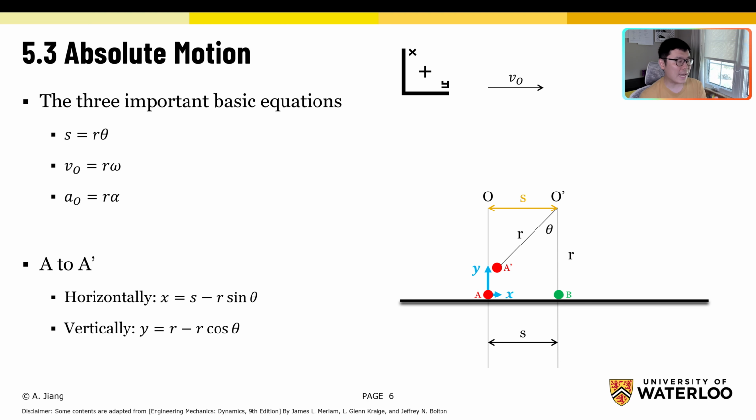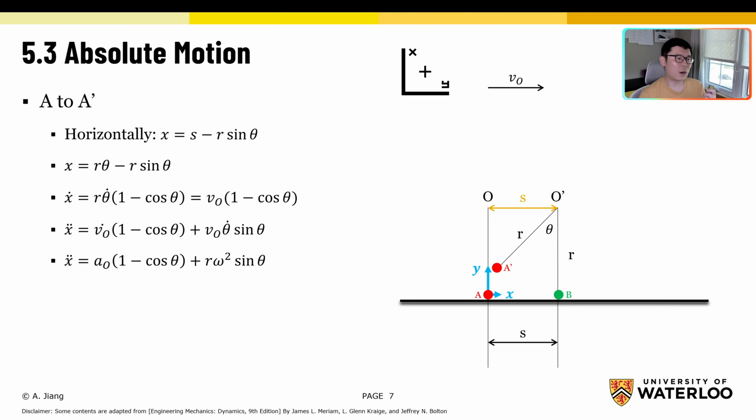For point A traveling to point A prime, horizontally, the distance x that A traveled can be calculated by s minus r sine theta. And vertically, the distance y that A traveled can be calculated by y equals r minus r cosine theta.